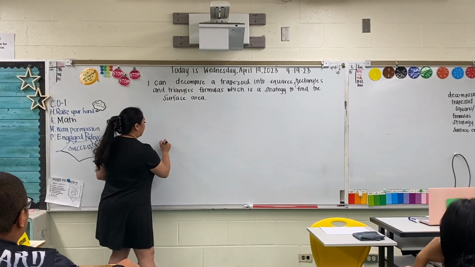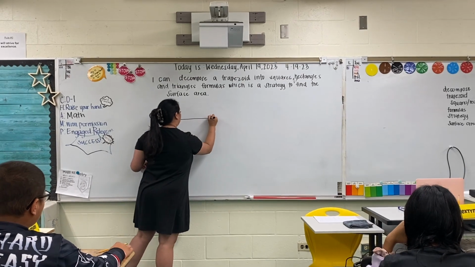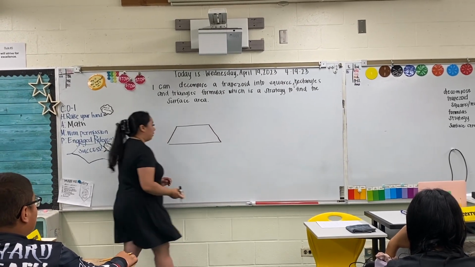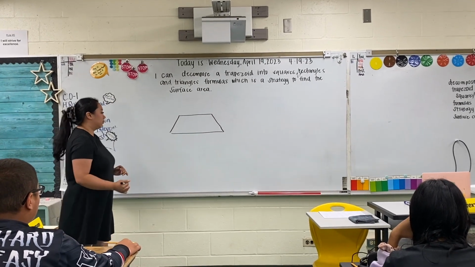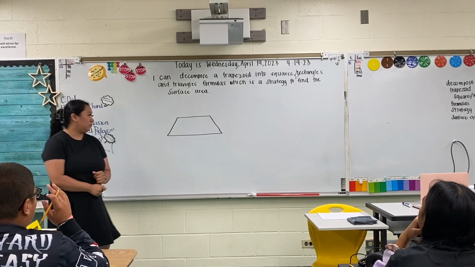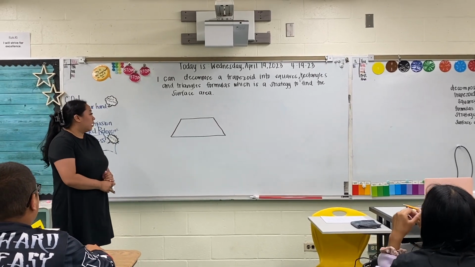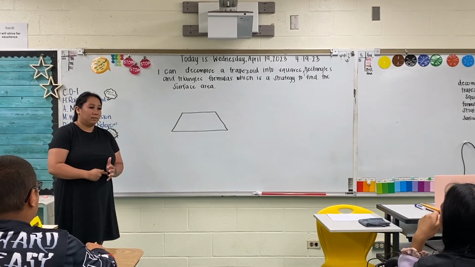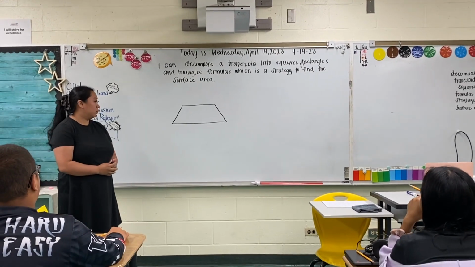So I'm gonna draw a trapezoid. Looking at a trapezoid, what can you tell me about it? How many sides does it have? Four sides. Are there any sides that are the same? Yes. Wait, sorry.